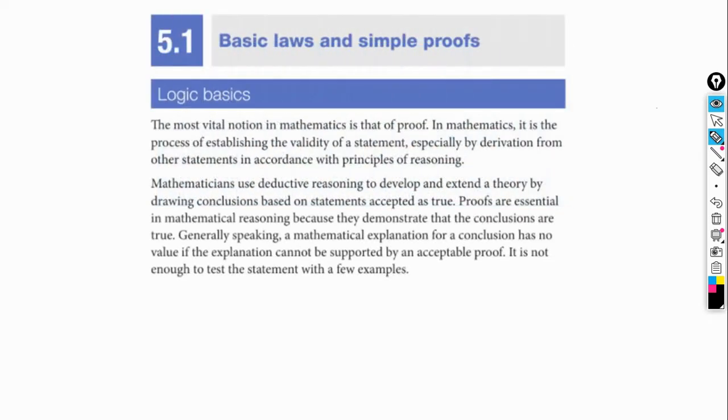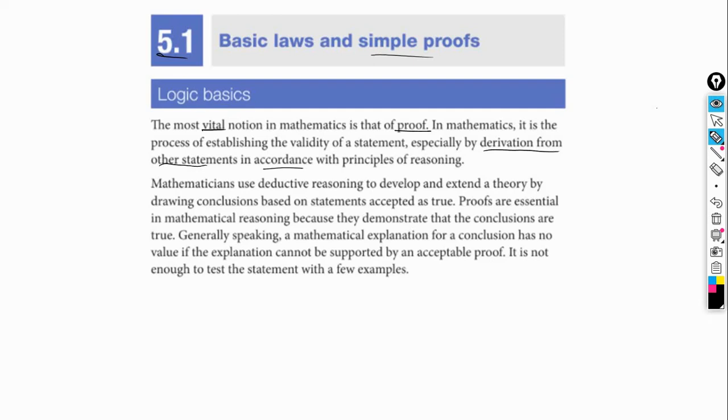We will start with section 5.1, Basic Laws and Simple Proofs. Logic Basics. The most vital notion in mathematics is that of proof. In mathematics, it is a process of establishing the validity of a statement, especially by derivation from other statements in accordance with principles of reasoning.